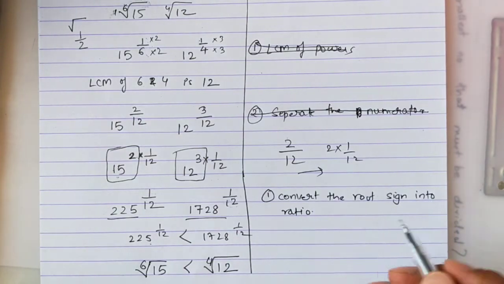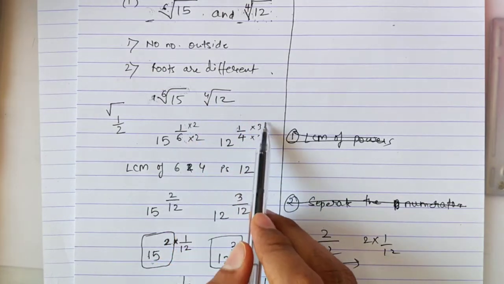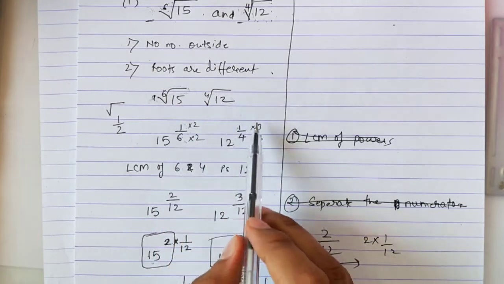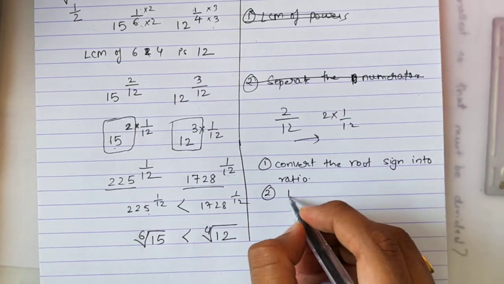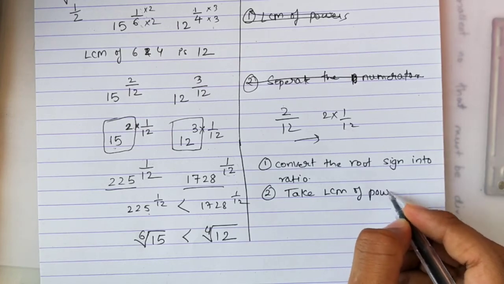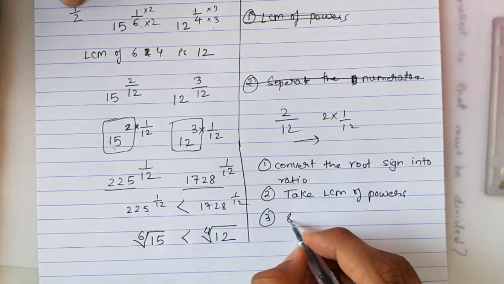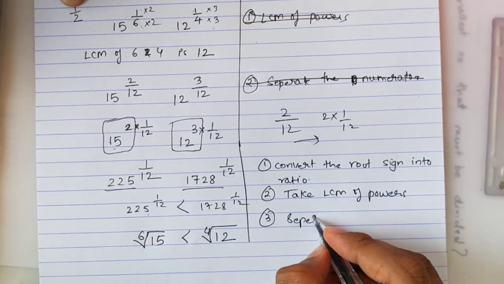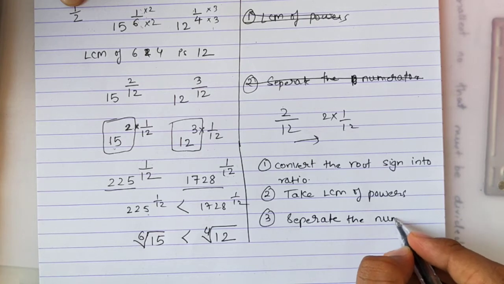Convert the root sign into ratio means this root sign, 6th root and 4th root, were converted into ratios. 6th root is 1 upon 6, 4th root is 1 upon 4. Then the second step, take LCM of powers. Okay, in the third step, separate the numerator.